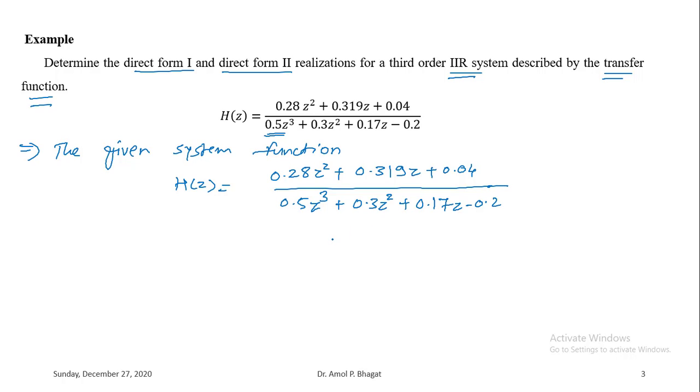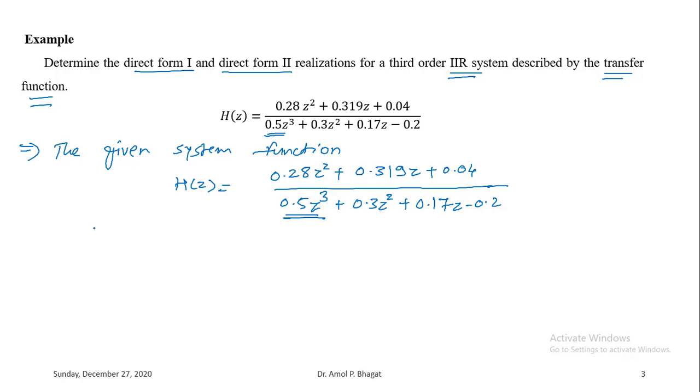To get the value 1 at this place, we will multiply the denominator with 2z to the power minus 3. So z cube multiplied by z to the power minus 3 will be z to the power 0, which is 1, and 0.5 multiplied by 2 will be 1.